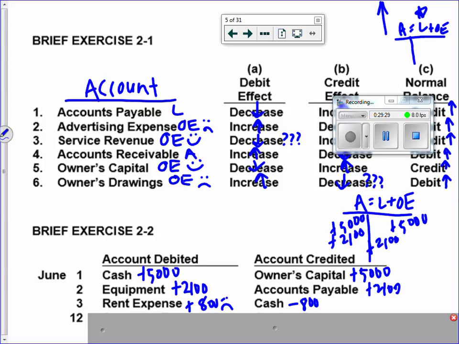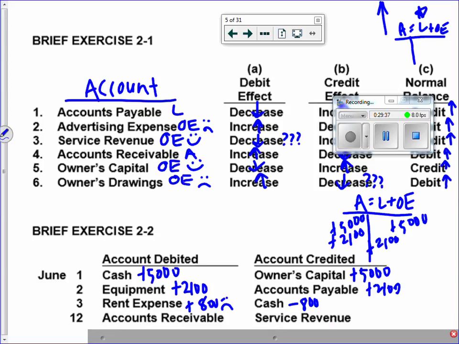He charged it. Now, had he paid cash, cash would be the debit. What's our debit? How did he pay? Accounts receivable went up by $300. Service revenue went up by $300 as well.